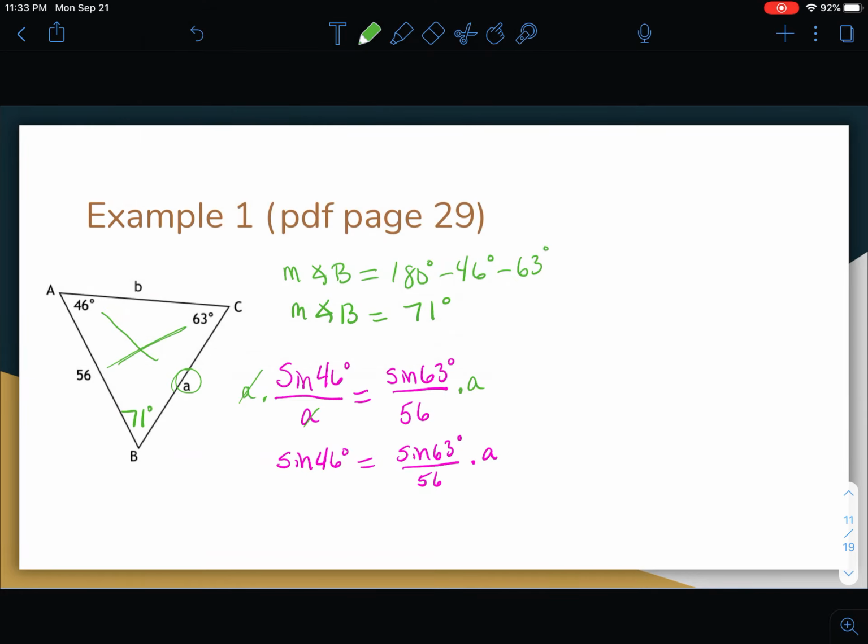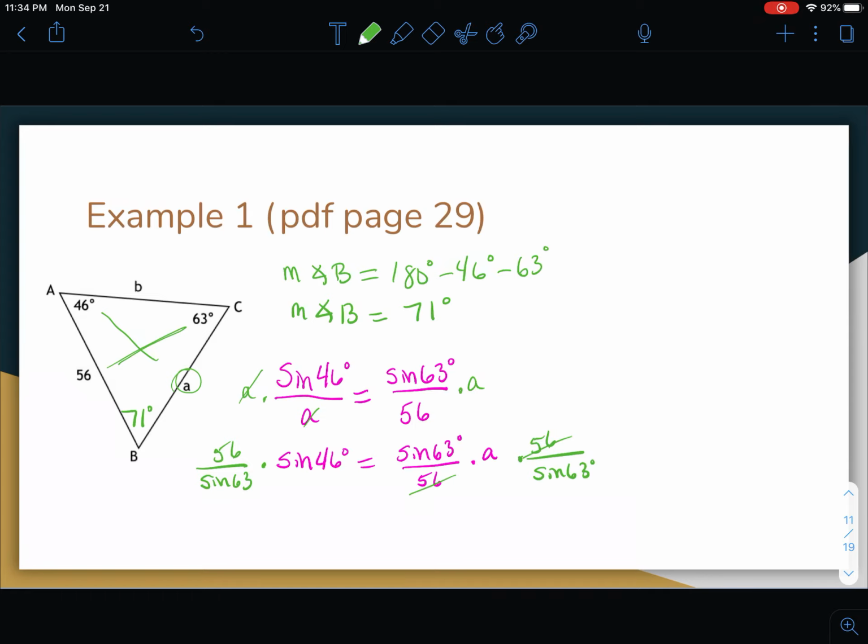Now, if I want to, I can just multiply by the reciprocal to get A alone. So we can actually multiply by 56 over sine of 63.